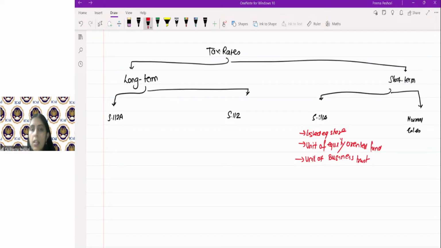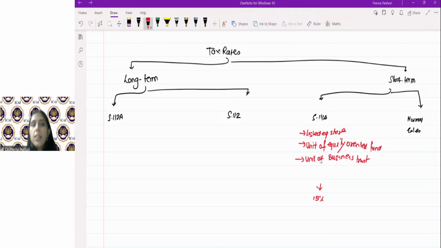Then, in this particular case, the capital gain tax will be 15%. Under 111A, your capital gain tax is 15%. Clear?